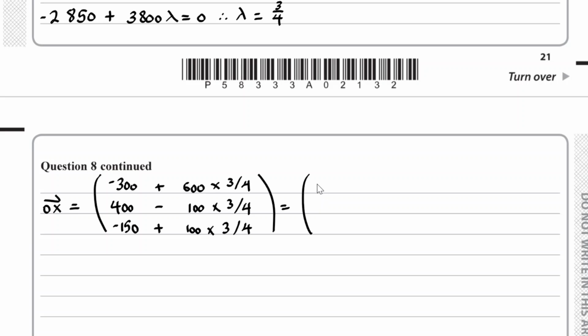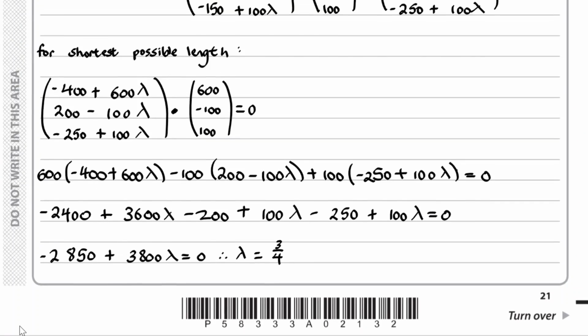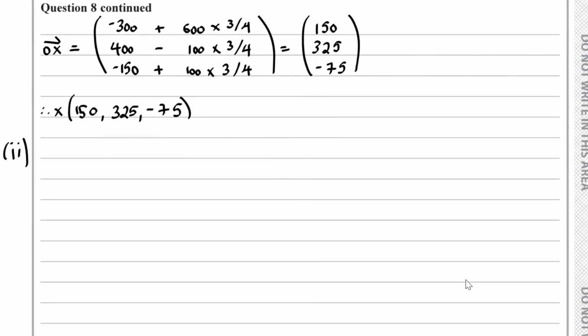You'd find OX to equal 150, 325, and minus 75. And therefore the coordinates of X would be 150, 325, minus 75. Now, when we come to find the shortest distance, we need to find what MX is. And for MX, we substitute lambda back into here.